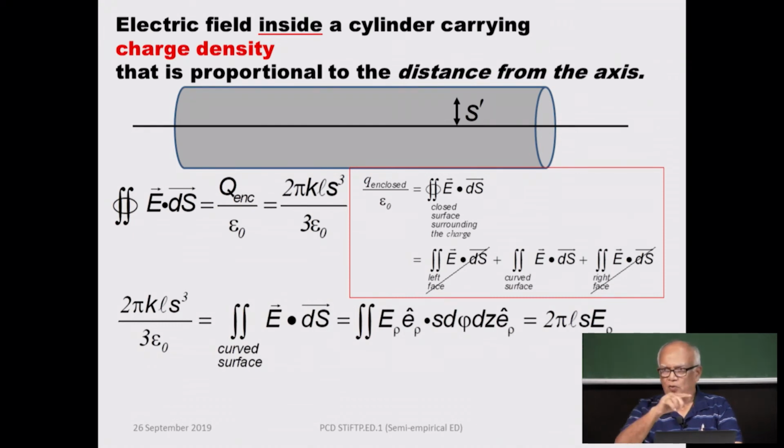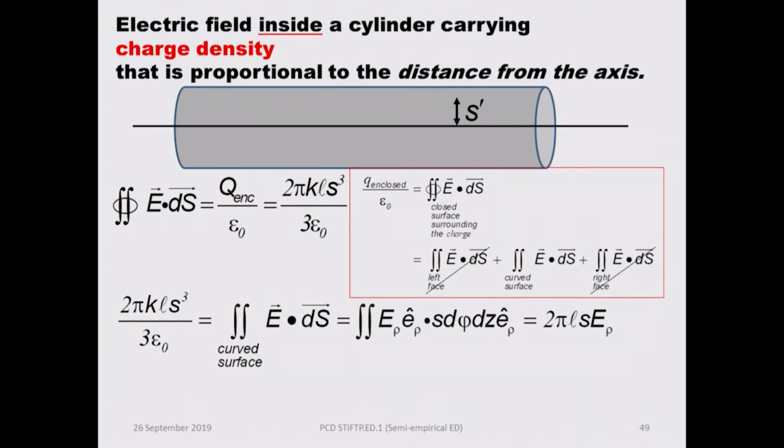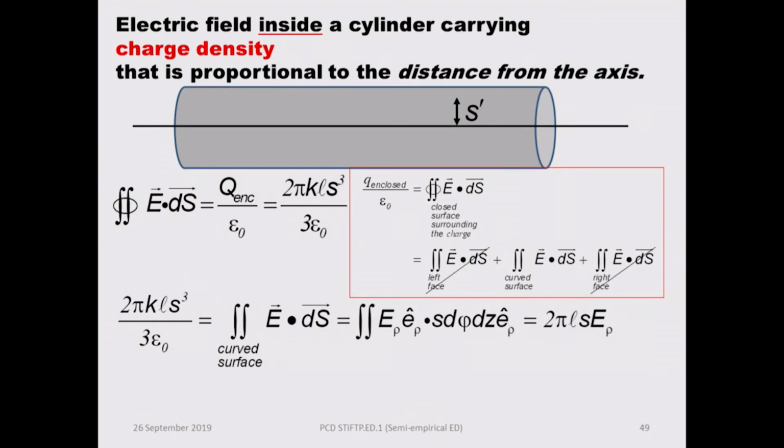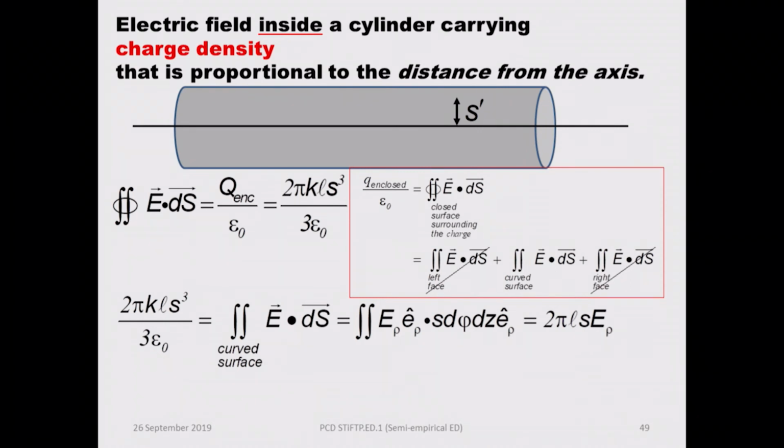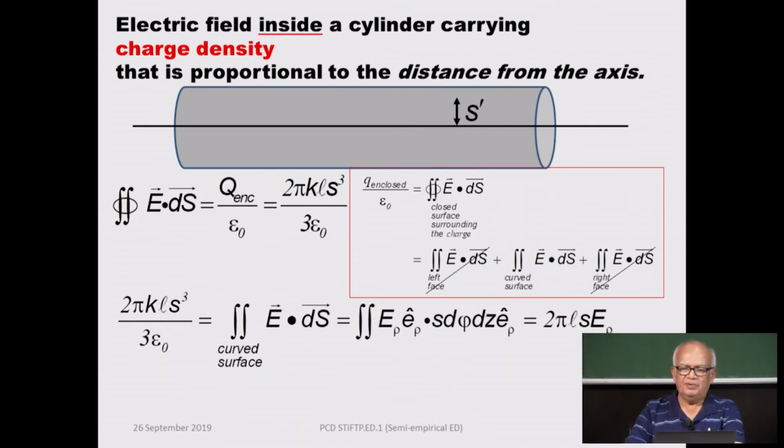That is over Z and over phi, the azimuthal angle. Over the azimuthal angle it will give a factor of 2 pi, and over Z it will give you the length of the segment over which you are considering the pillbox. That is the length L.